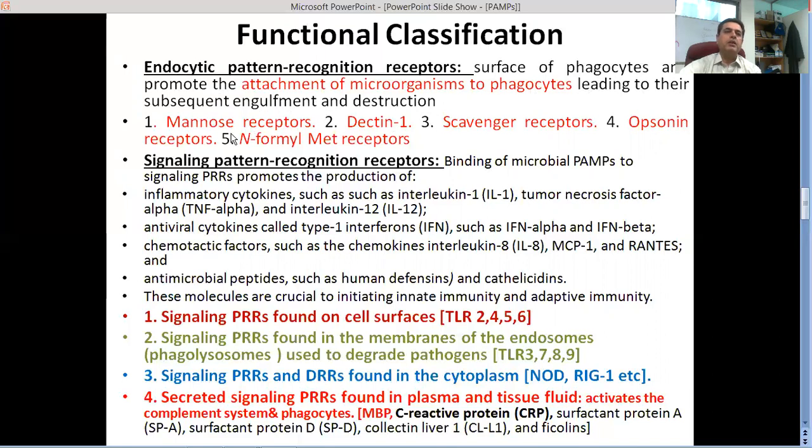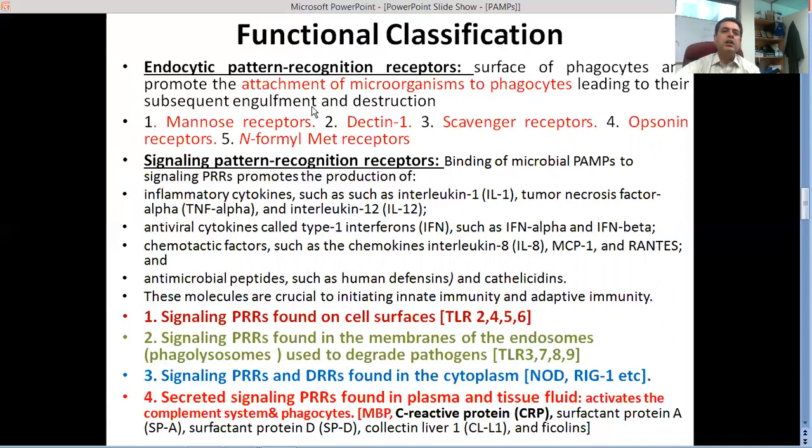types of them. Some are called the mannose receptors, dectin-1, scavenger receptors, opsonin receptors, N-formyl methionine receptors. These are 5 different types of the endocytic pattern recognition receptors, which are doing this particular job: attachment of microorganisms to phagocytes, and then leading to their subsequent engulfing and destruction.